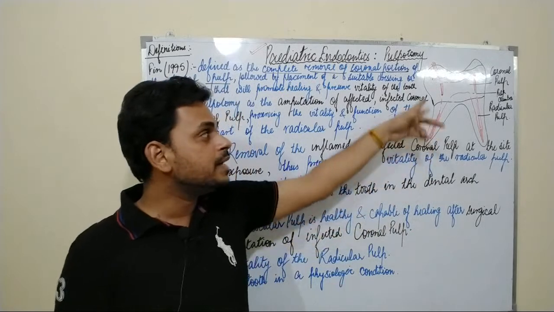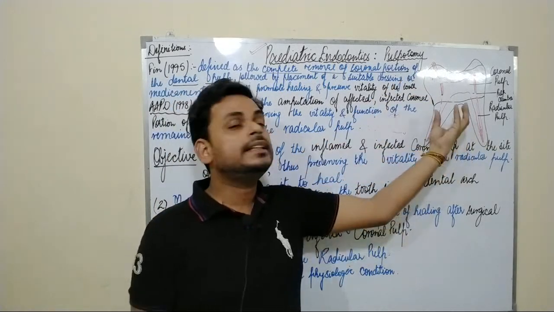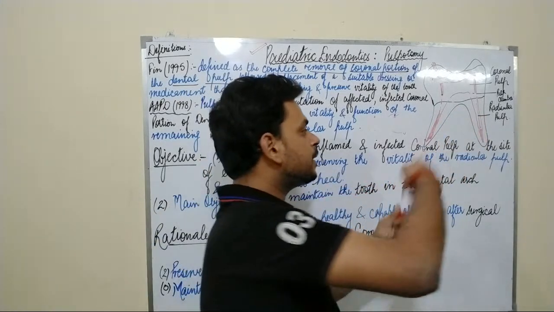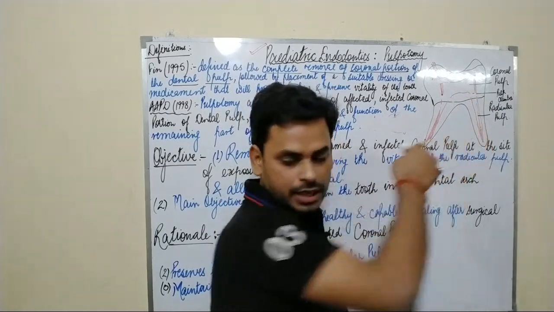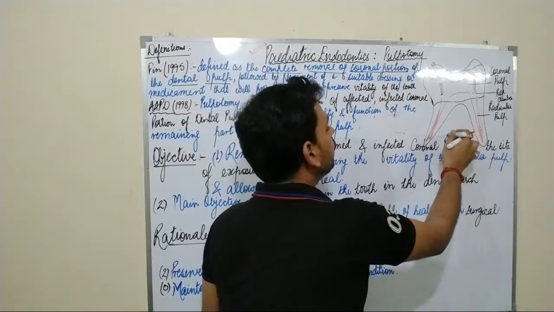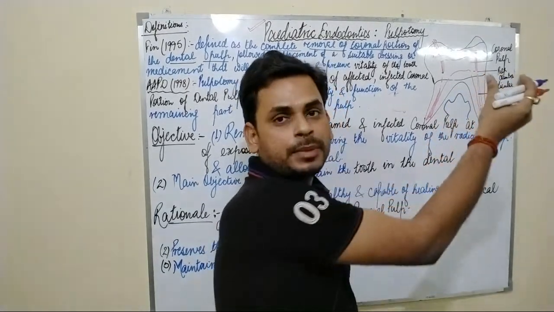Do remember, students, beneath the primary or deciduous tooth, the succedaneous or permanent tooth germ is going to lie. So if this is the primary tooth I have drawn, just below it we have the crown portion of the succedaneous permanent tooth germ, where the crown is being formed.